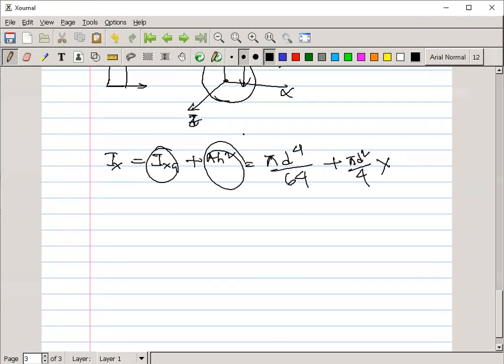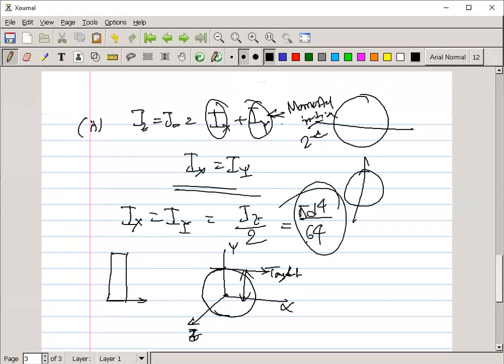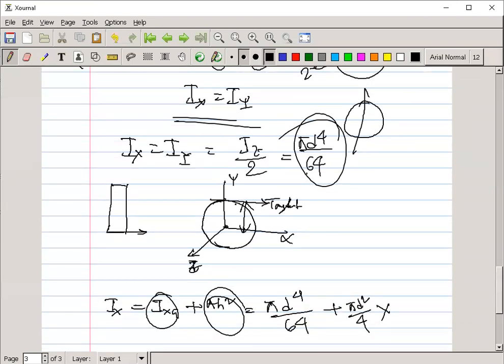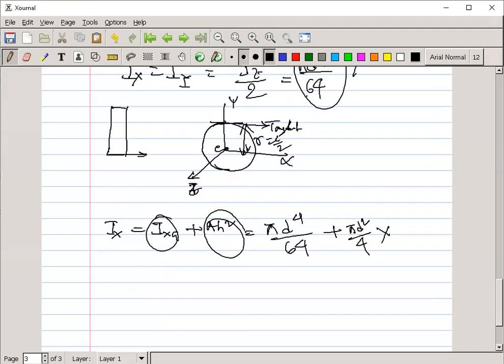And h is nothing but, this is the center of that circle, this is the tangent of that circle, and the distance between the two is nothing but its radius, which is d by 2, diameter divided by 2. So here we can write d square by 4 instead of h, since h is equal to d by 2 for the present case.